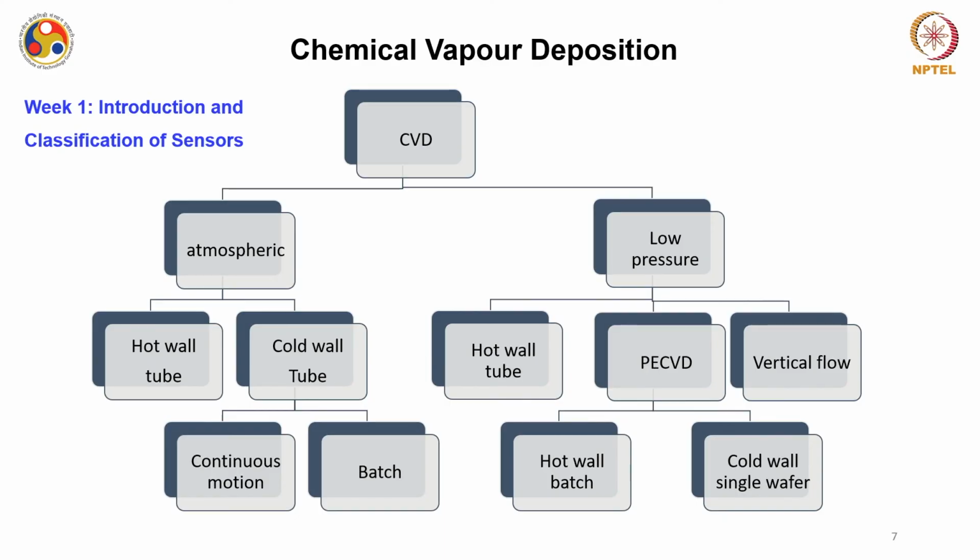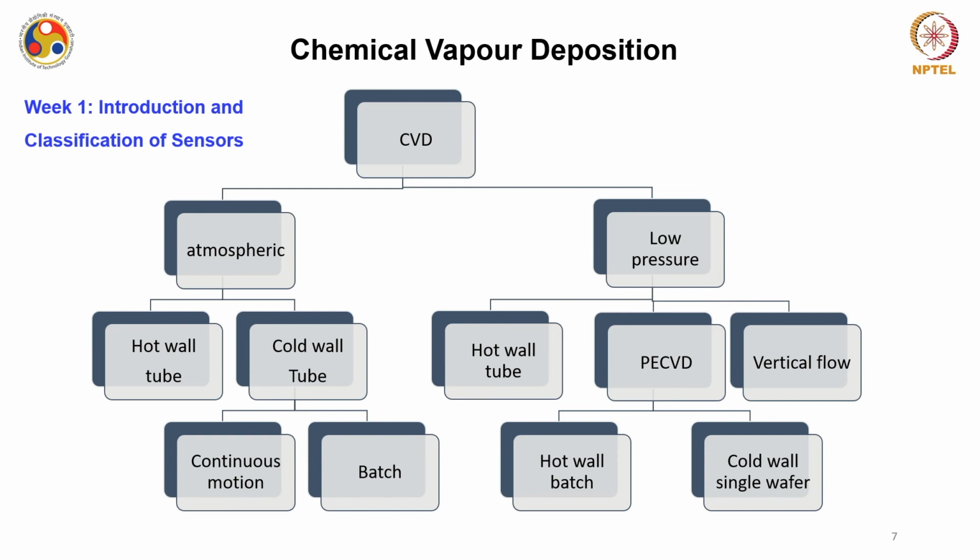Depending on what kind of wall you are using, you have hot wall tube and cold wall tube kinds of atmospheric CVD systems. Depending on the way of bringing the vapors together and their reactions, you have continuous motion and batch type atmospheric pressure CVD systems.